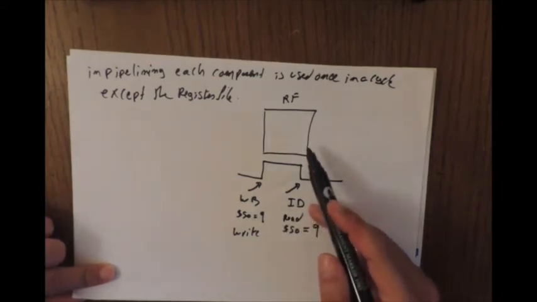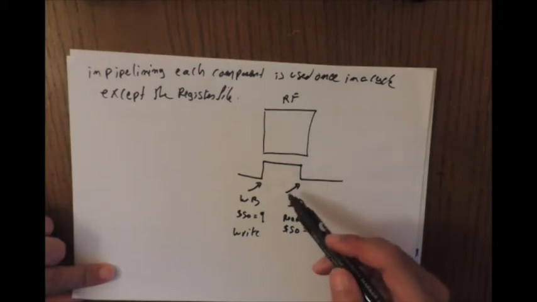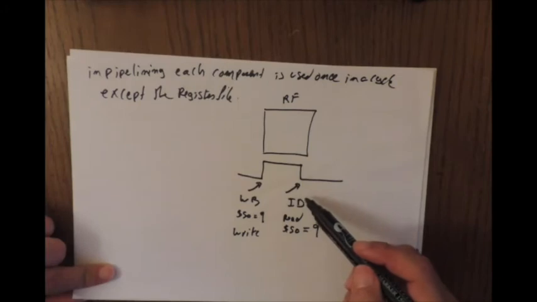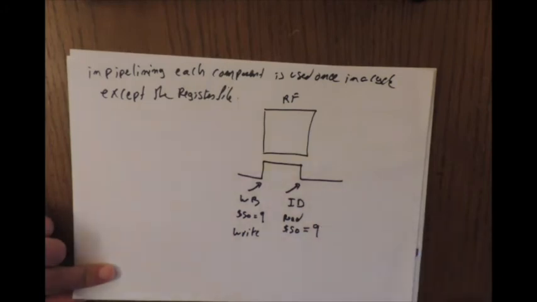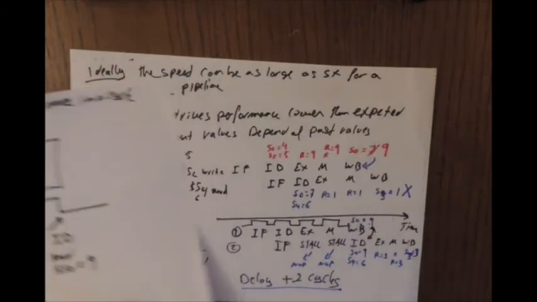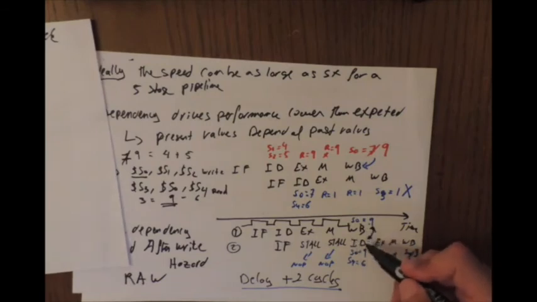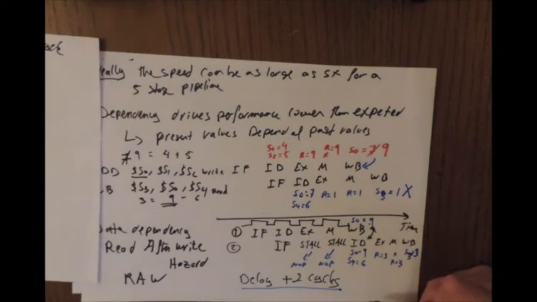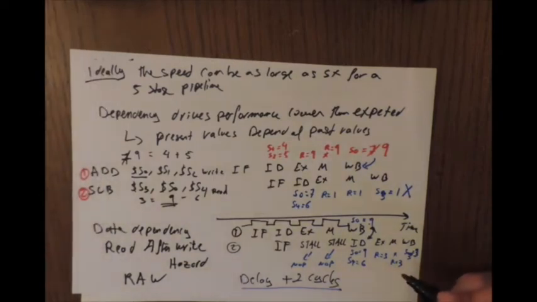So this is the only component that can be used twice in a cycle, and it utilizes the rising edge and the falling edge of the clock in this particular stage. This is why we are allowed to have a write back and an ID coinciding with each other and working perfectly. Otherwise we need to add 3 stalls, and this will add an additional cycle to our delay or our penalty for having a read after write hazard.